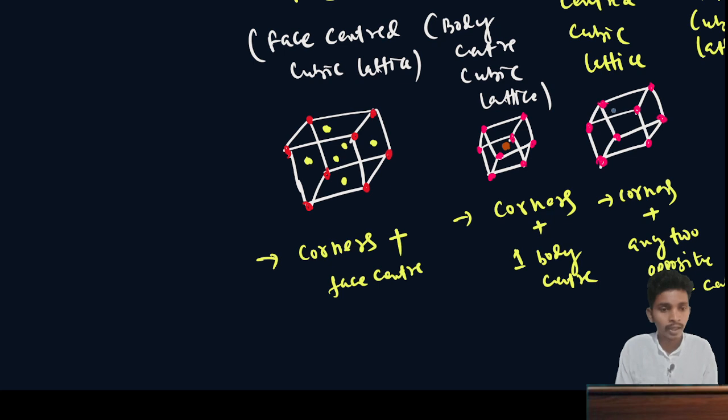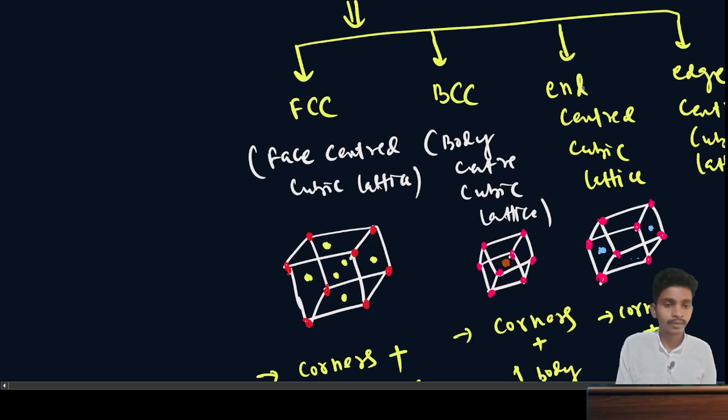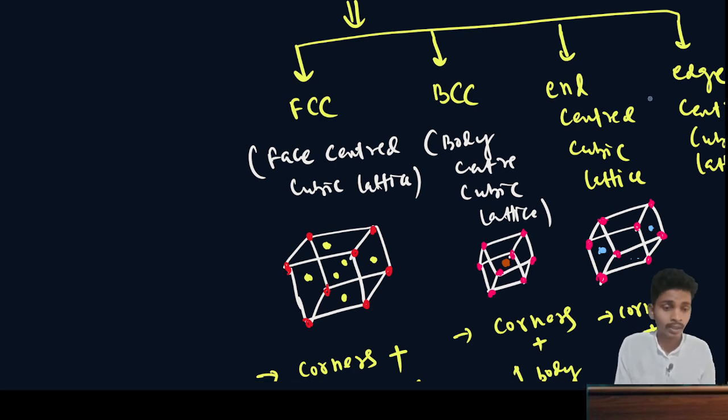Let's say we make it at the above and back faces, these are opposite faces, that is fine. Or either here and here, any two opposite faces centered with the corners, then that is called end centered cubic lattice.